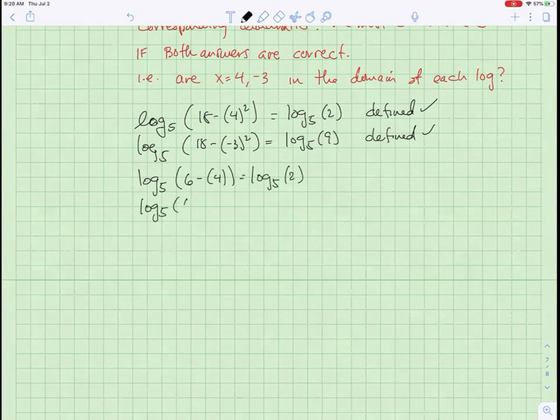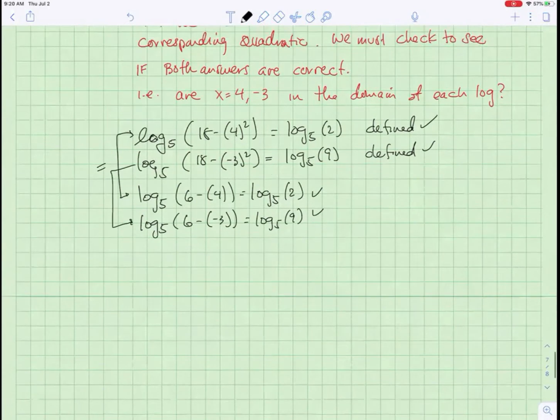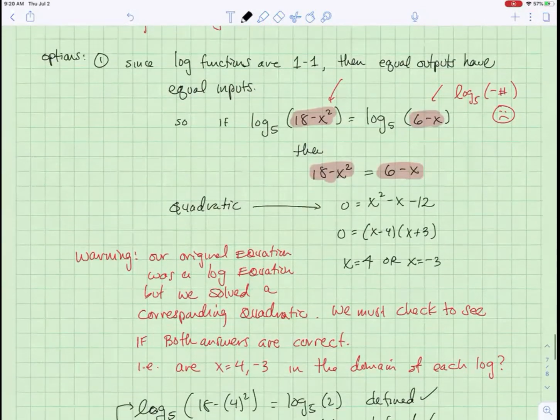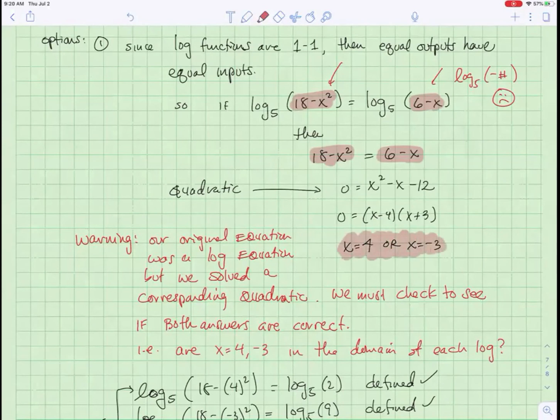And log base 5 of 6 minus -3 is log base 5 of 9. Check. Everybody's defined there. And so we can see, in fact, these two are equal, as are those two. So we're also checking the equation and making sure that both of our answers are correct. So here, both values are correct. So we got lucky on our first example. Okay.